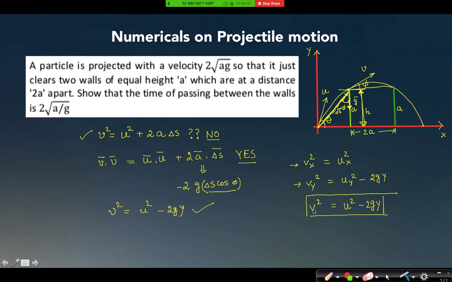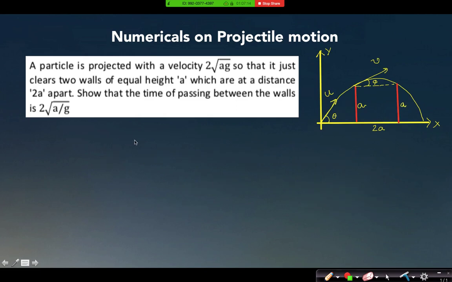Here v is not any x or y component. What is v here? It is the magnitude of velocity, the speed. V is the speed, u is the initial speed, and y is the vertical displacement.